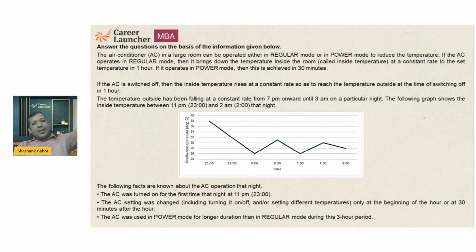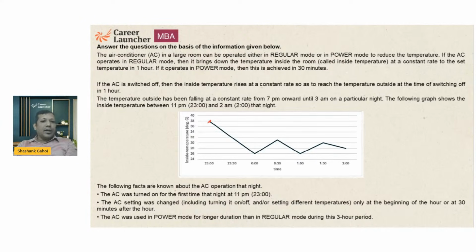Okay, so basically, there is an outside temperature, then there is an inside temperature. I'm sitting inside the house, I have an AC, and I can put that AC in two modes. One is the regular one, second one is power mode. In the regular one, what is going to happen? Let's say the outside temperature is 38 degrees.